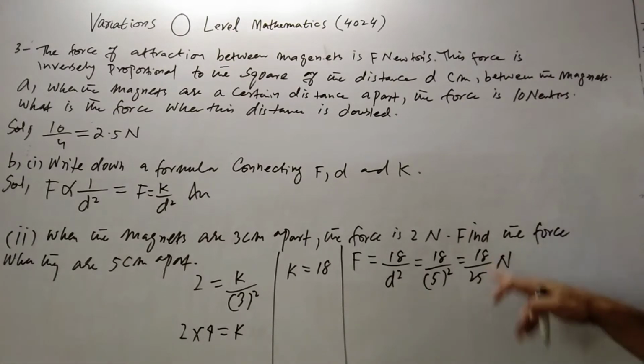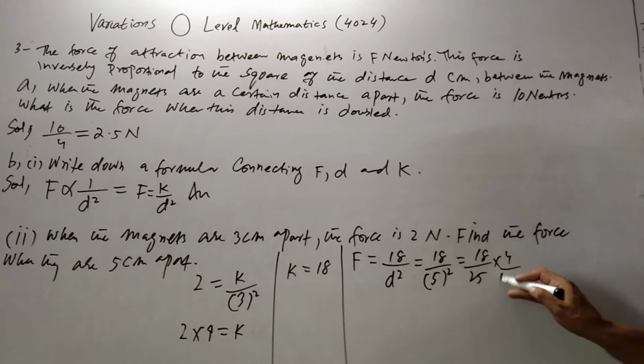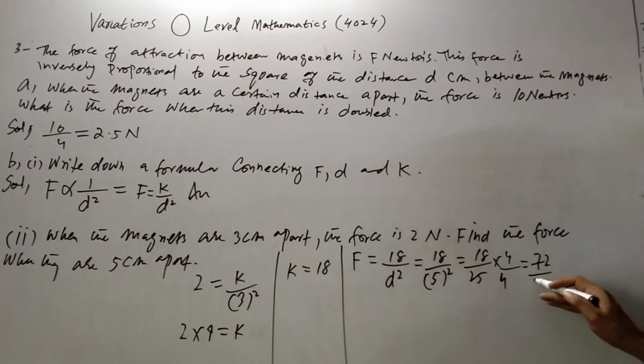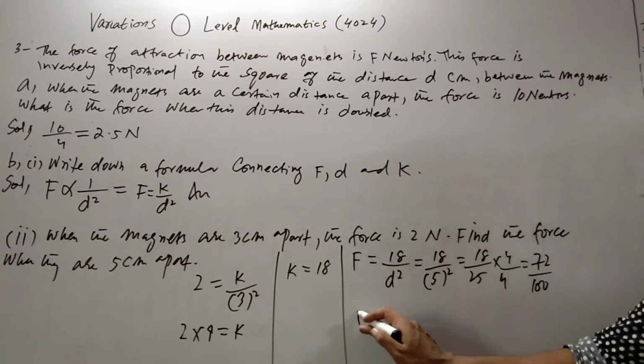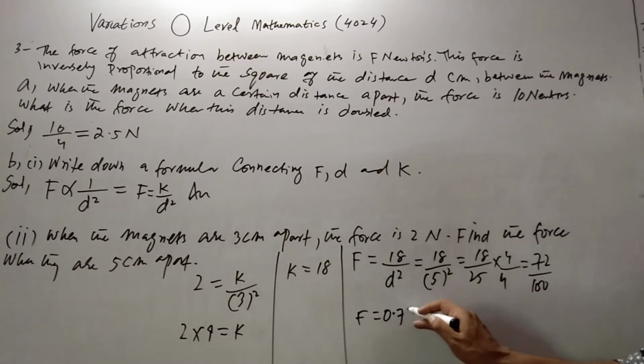Or you can divide 18 by 25. Answer should be in decimal. Or if you multiply this by 4 and divide by 4, you will get 18 4s are 72, 25 4s are 100. Therefore, the answer should be 0.72 Newton.